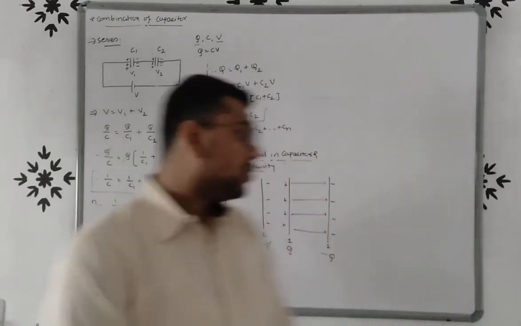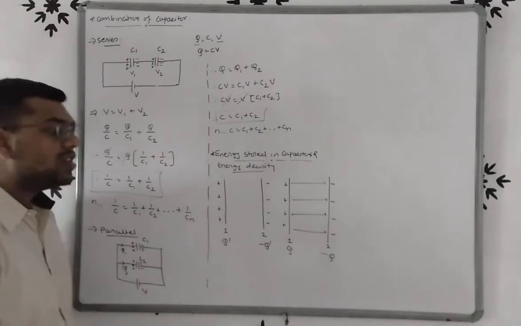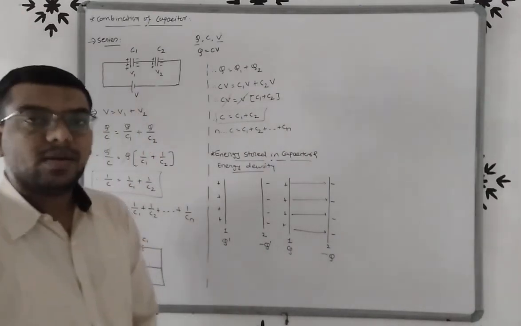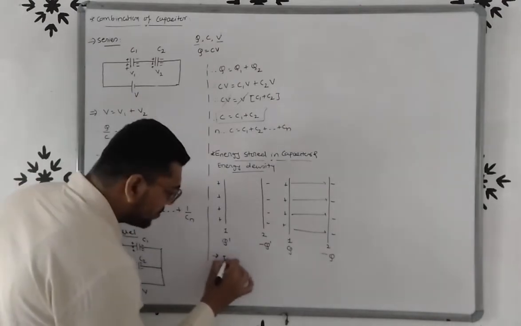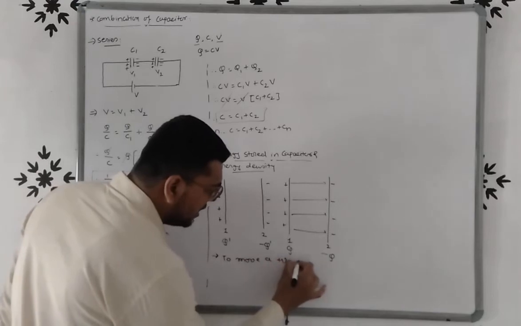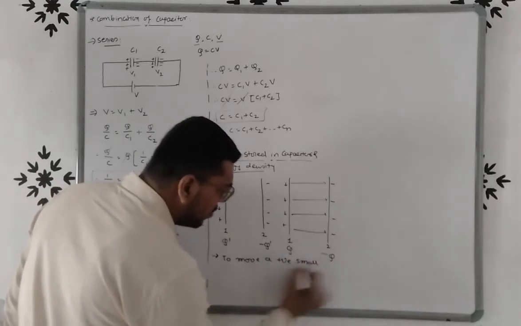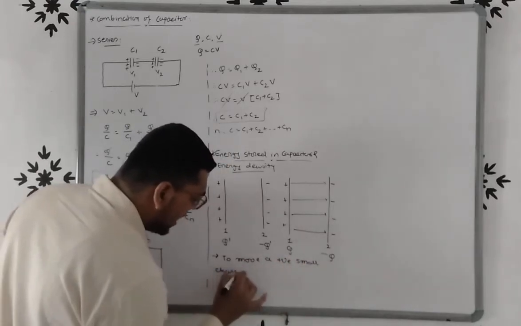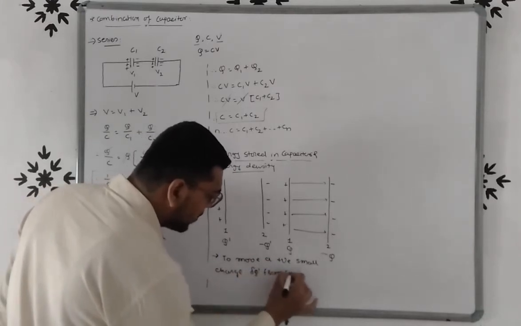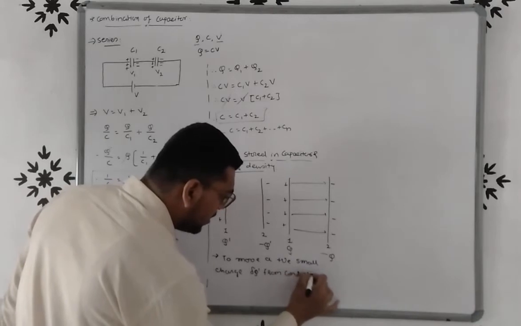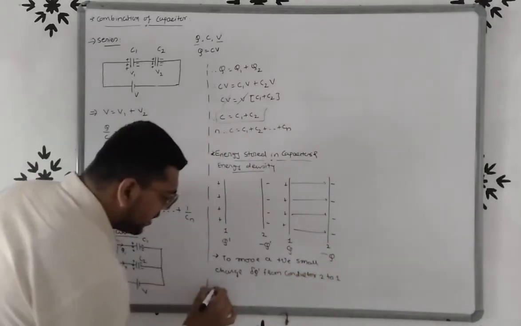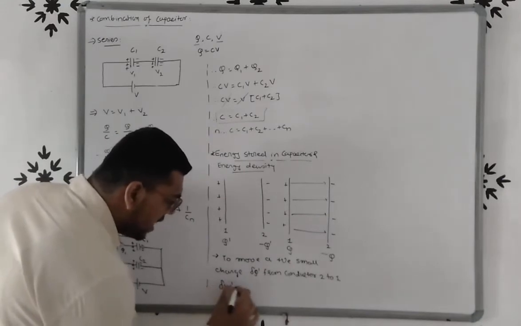To move a small positive charge del Q dash from conductor 2 to conductor 1, work done del W dash.